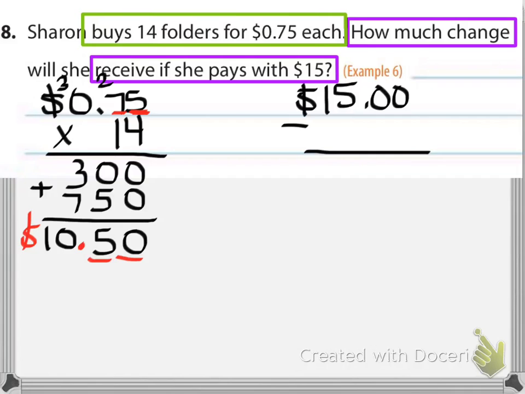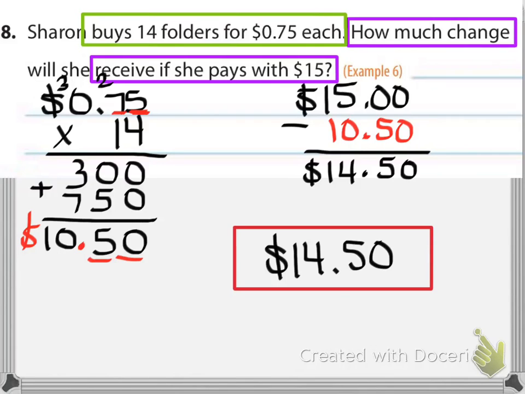This is money, so I am talking about $10.50 would be the total for 14 folders. So now I would bring that $10.50 over here, because now I'm paying with $15, presumably a 5 and a 10. No change, no cents, no coins. So $15 lining up your decimals minus $10.50, then you would be able to find the change. Pause and work this out.